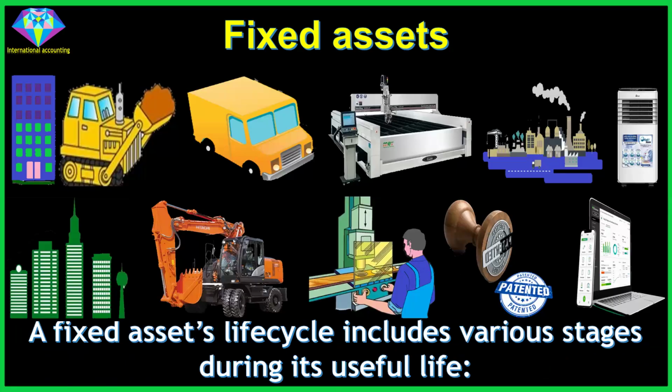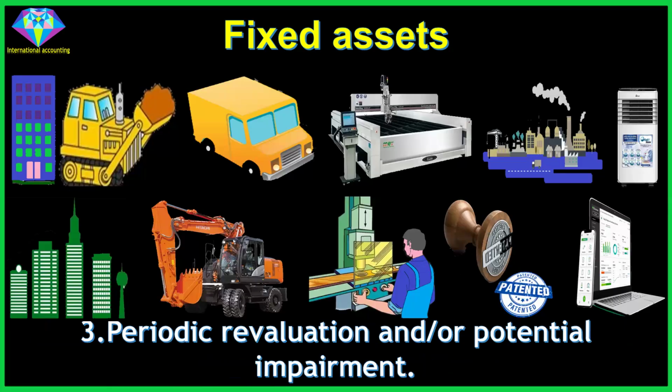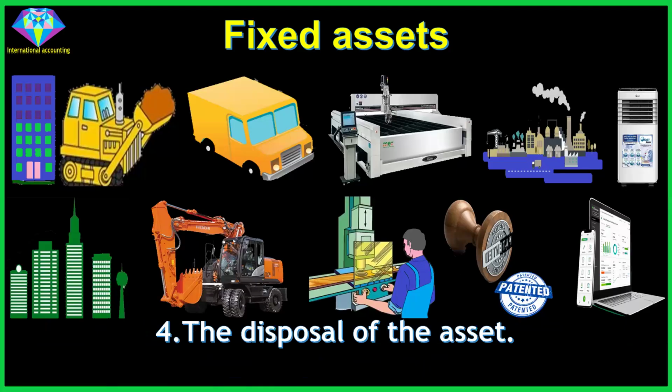A fixed asset's life cycle includes various stages during its useful life. 1. The initial acquisition of the asset. 2. Depreciation as it is used. 3. Periodic revaluation and/or potential impairment. 4. The disposal of the asset.